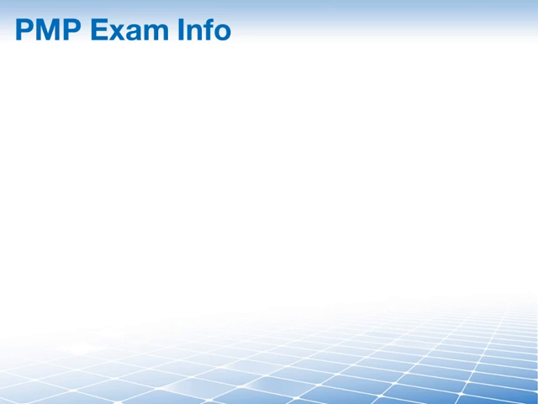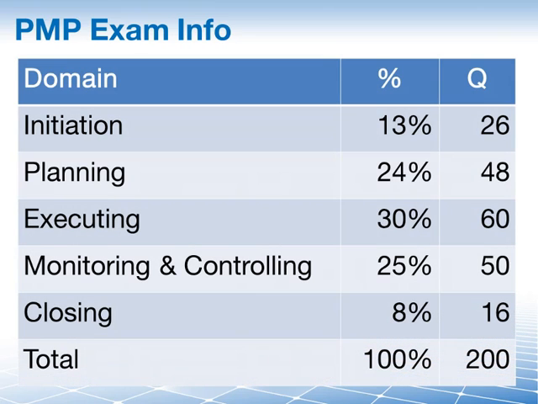And what topics do these questions cover? Well, the PMBOK guide is divided into 5 domains: initiating a project, planning a project, executing a project, monitoring and controlling a project, and closing a project. And here on the screen you see what percentages and numbers of questions come from which of these 5 domains.